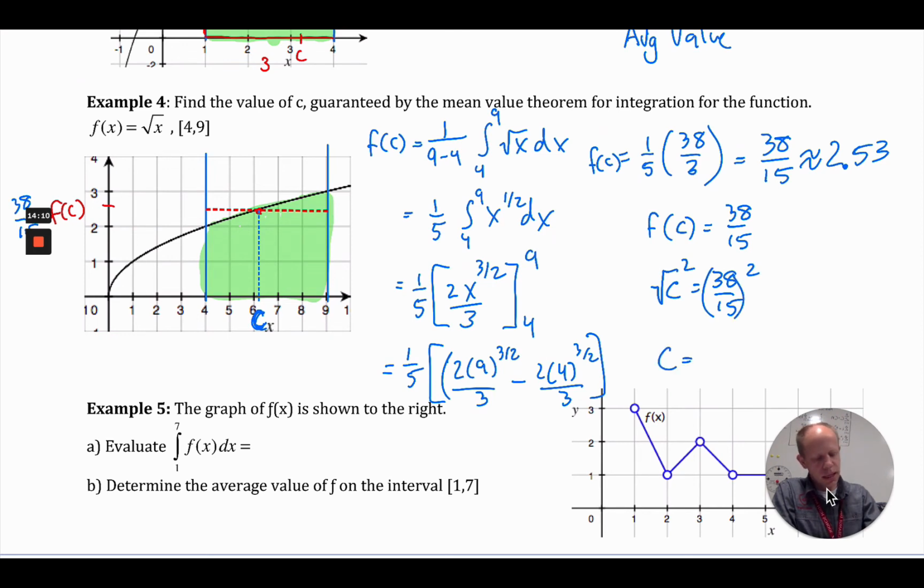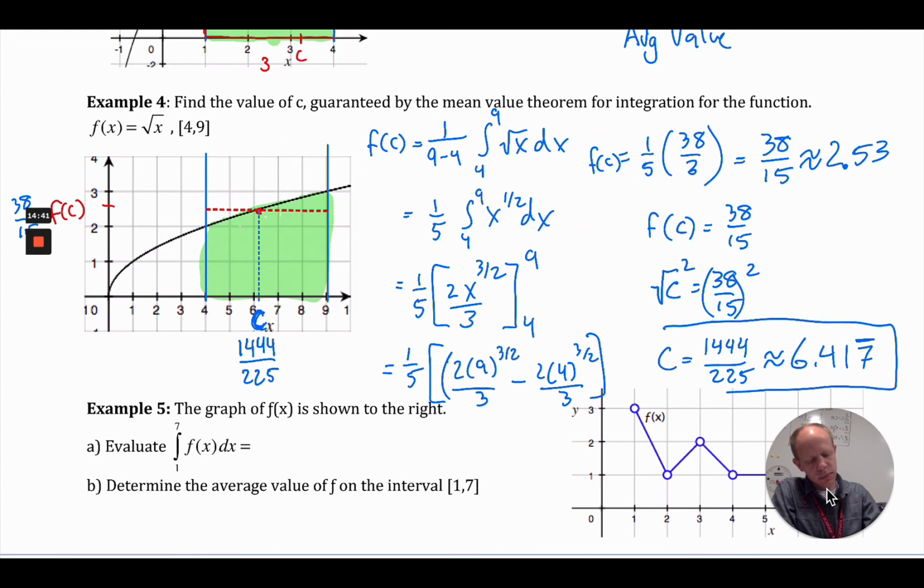And so c is going to equal 1,444 over 225. You can use a calculator for that. And this is approximately 6.417 repeating. Now, when you look here at that c value, it looks like we estimated pretty close. So this c value is actually 1444 over 225, and that is the answer that we're looking for. What c value is going to give us the average value?